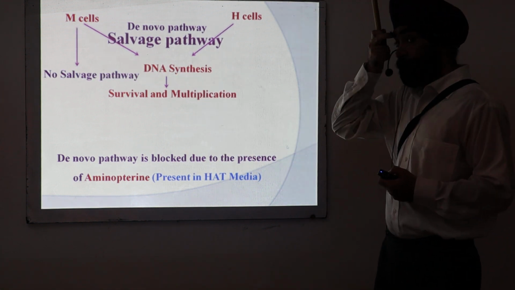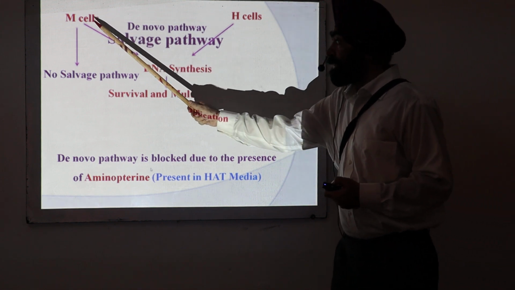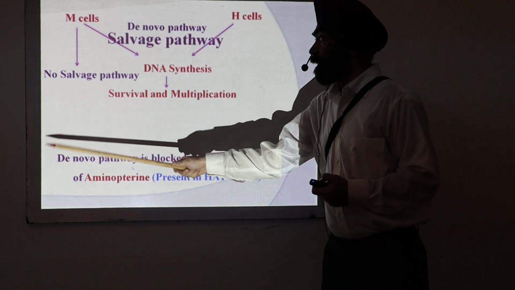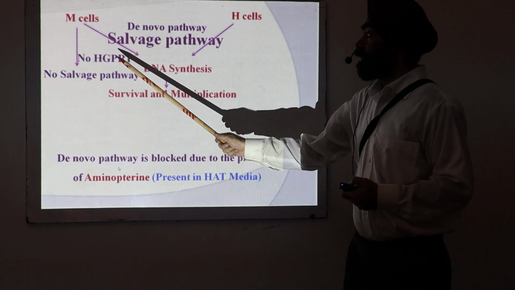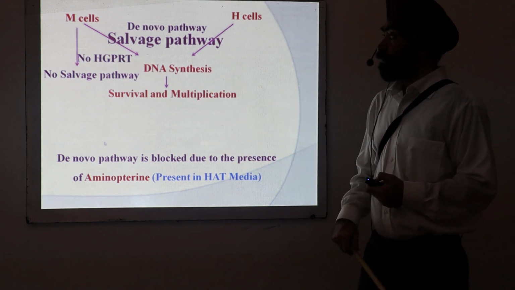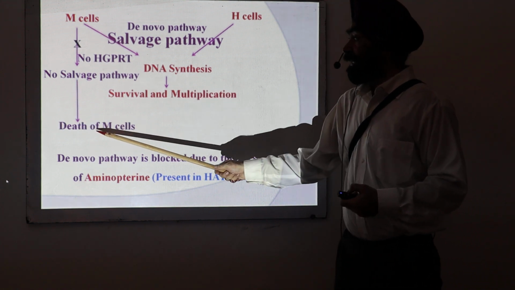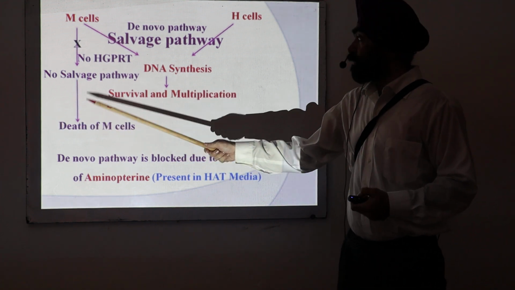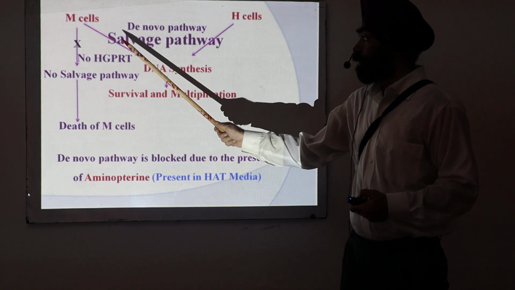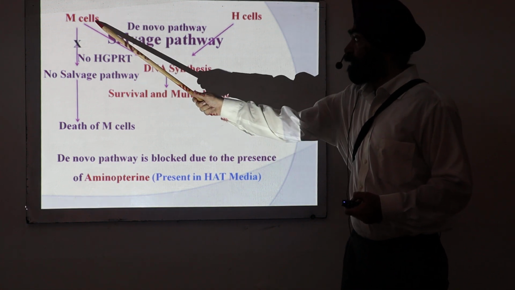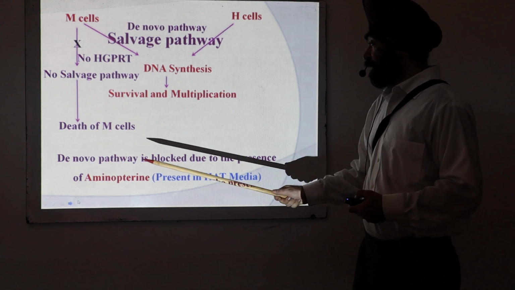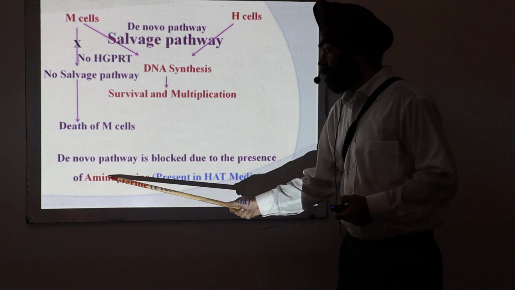Now M cells cannot use the salvage pathway. Why? Because they do not have HGPRT. As a result, the M cells will die, because they cannot use the salvage pathway without HGPRT, and they cannot use the de novo pathway because it is blocked by aminopterin.